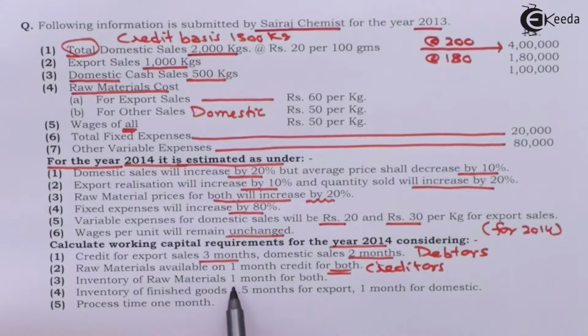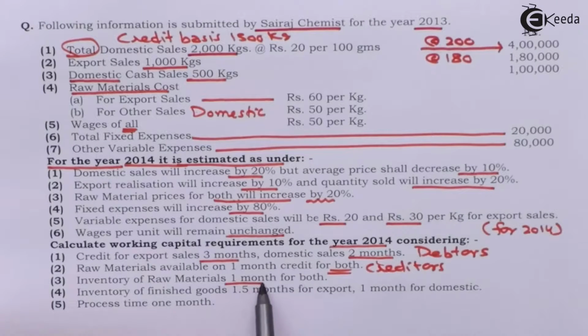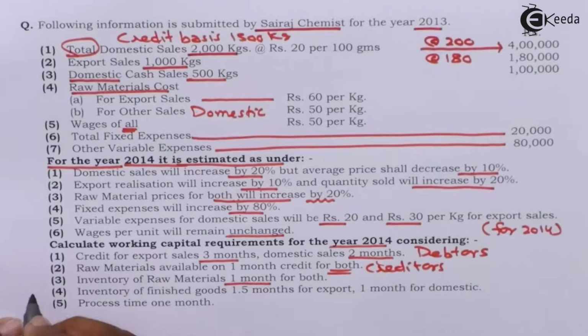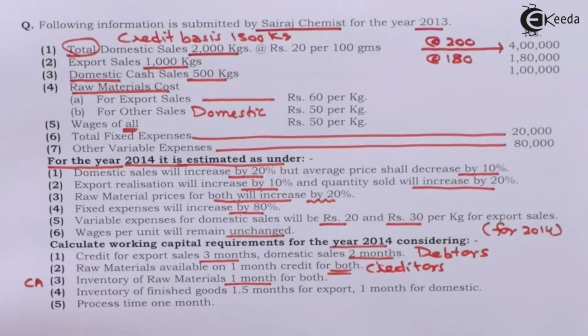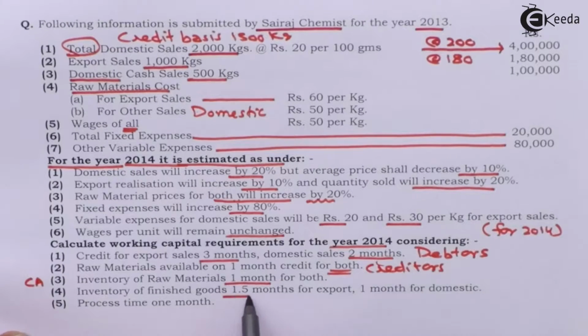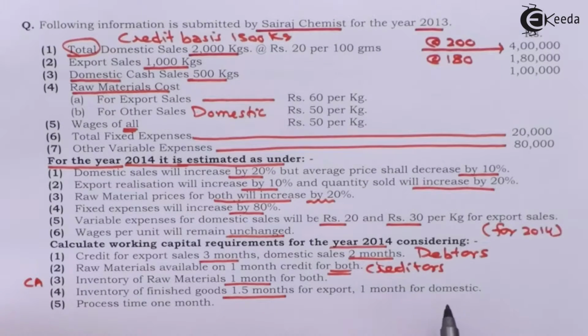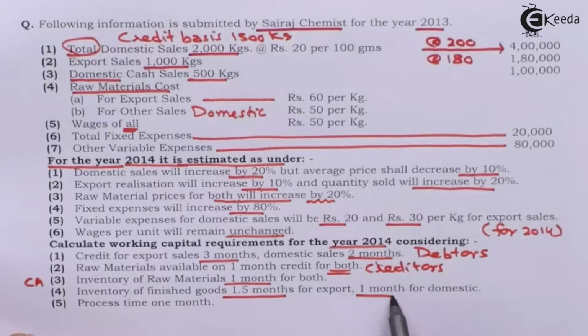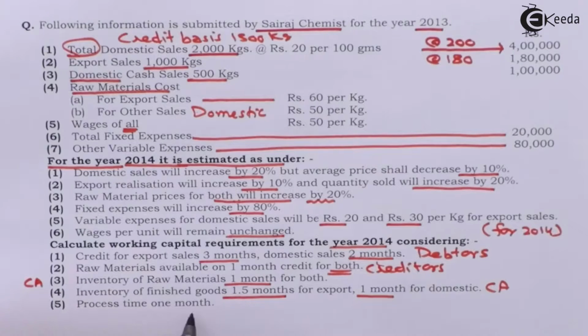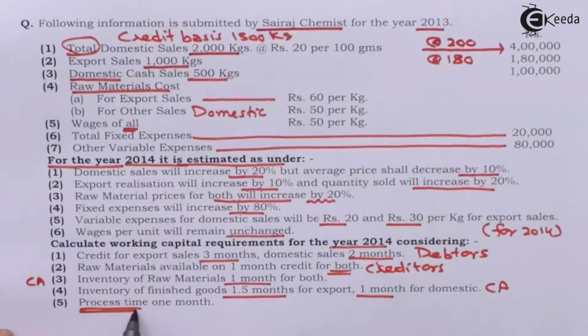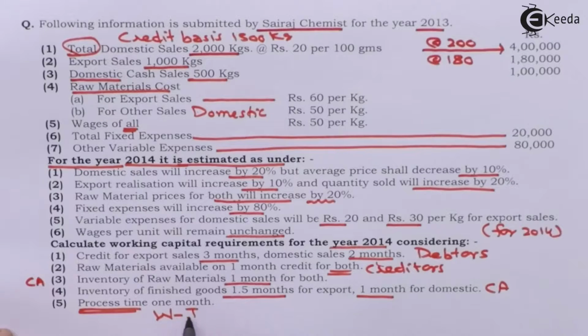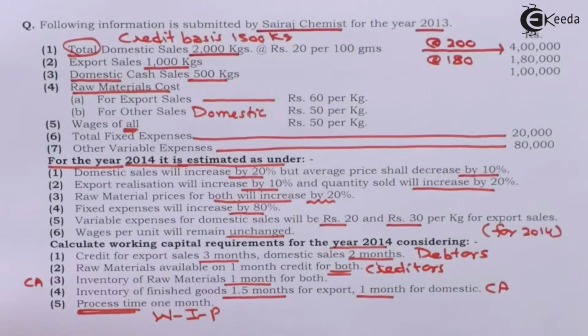Inventory of raw material 1 month for both. That is stock of raw materials. This is information of current asset. Inventory of finished goods 1.5 months for export and 1 month for domestic. This is information of current asset. Process time 1 month. This is information of stock of work in progress.